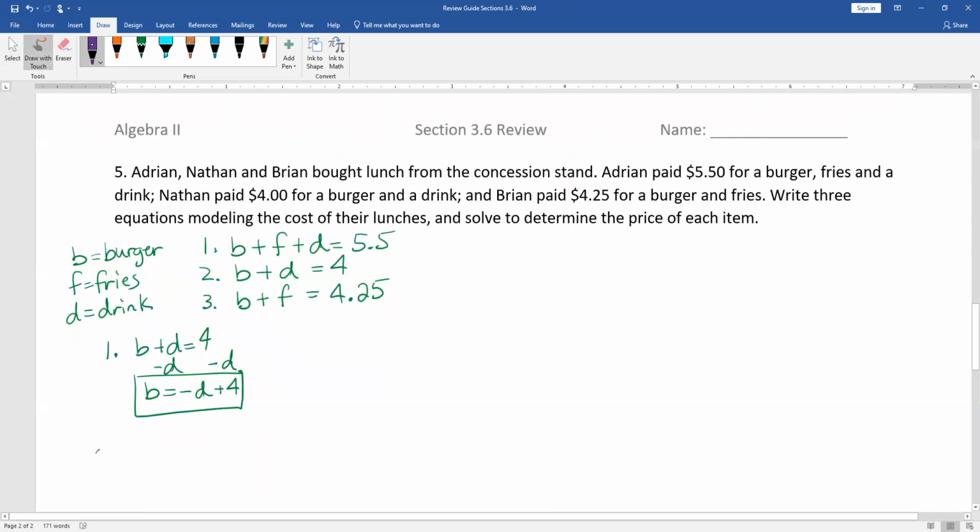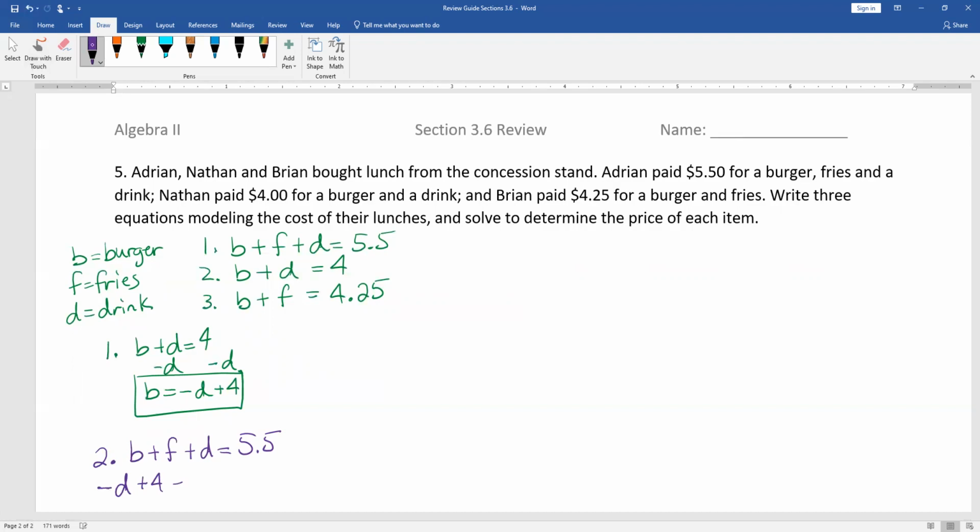So that means B plus F plus D equals 5.5. So this is negative D plus 4 plus F plus D. Oh, this will be nice. We can actually go and solve a variable.